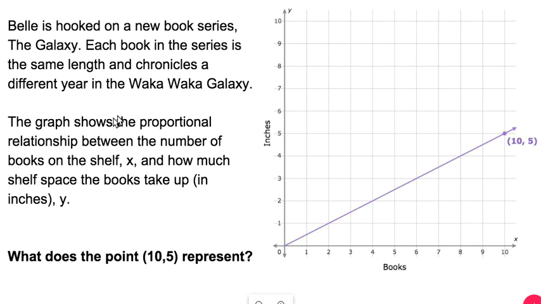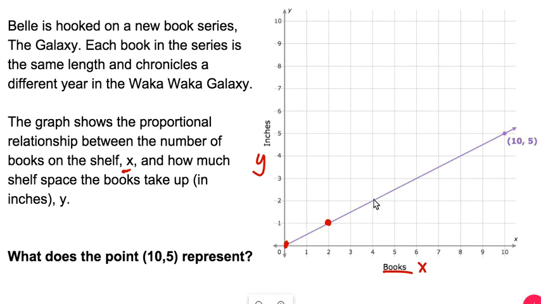So the graph shows the proportional relationship between the number of books on the shelf, X, and how much space they take up, Y. So before we get to the question, let's look and see what's happening here. If she has no books, she needs no space, right? If she has 2 books, she needs 1 inch.